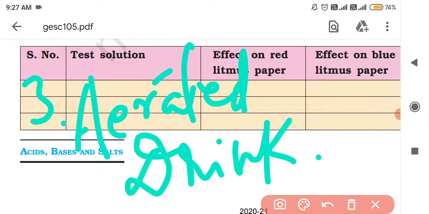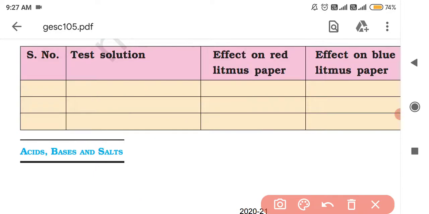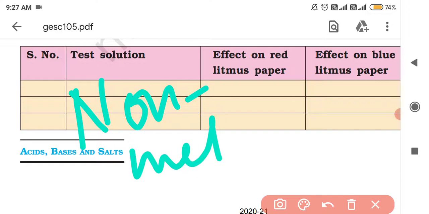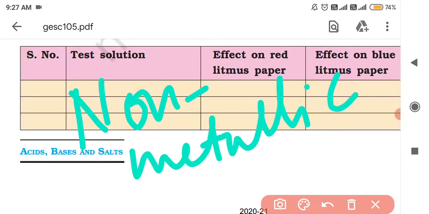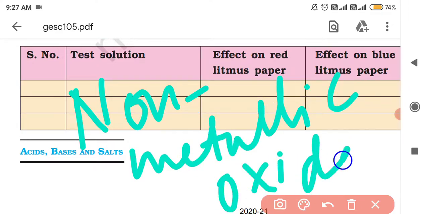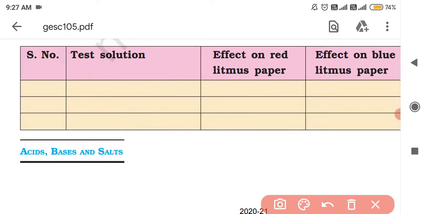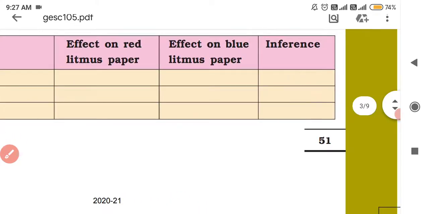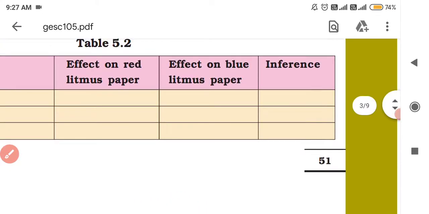Carbon dioxide is a non-metallic oxide, and non-metallic oxides are acidic in nature. That is why it will have no effect on red litmus paper.